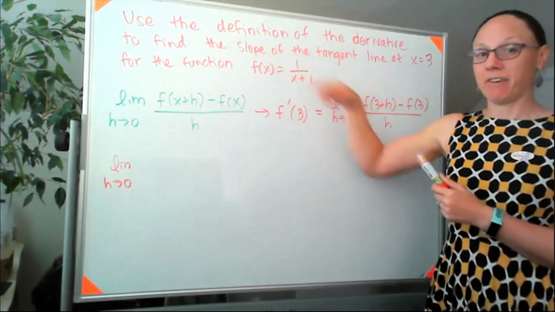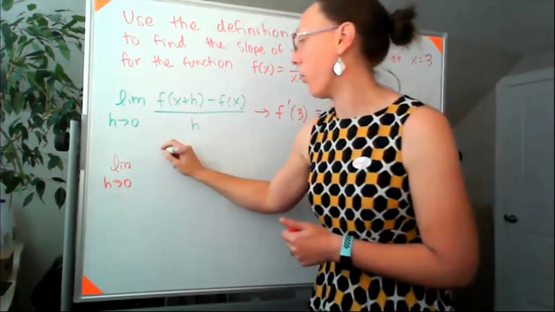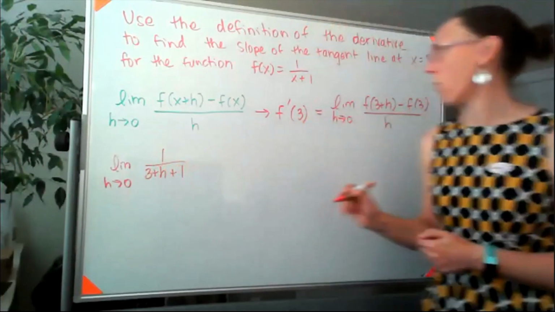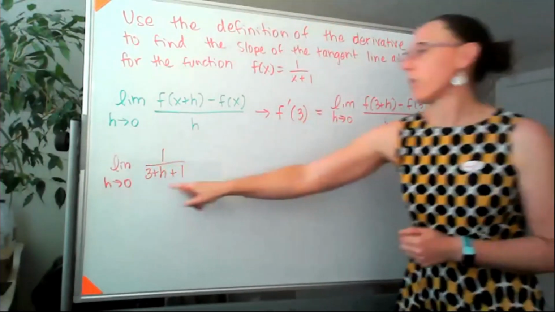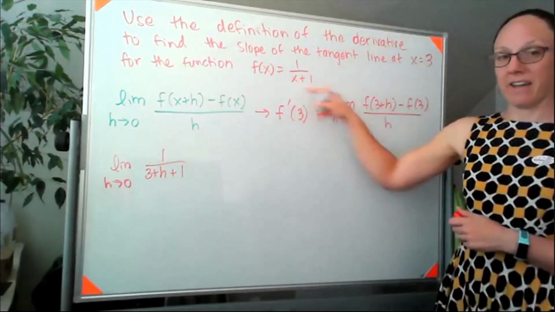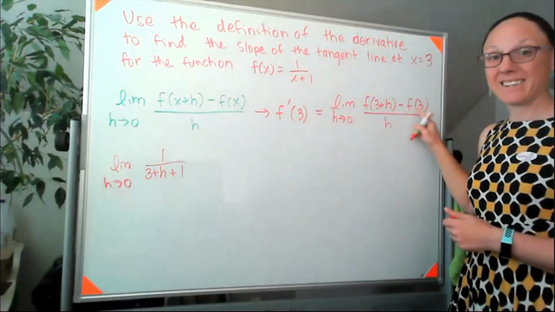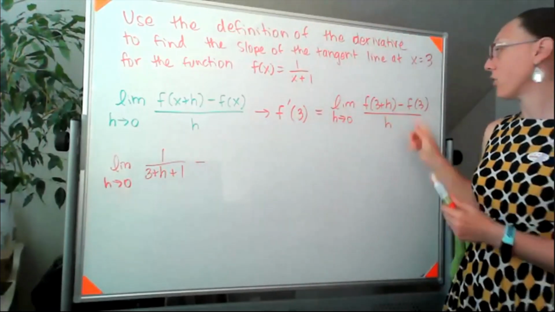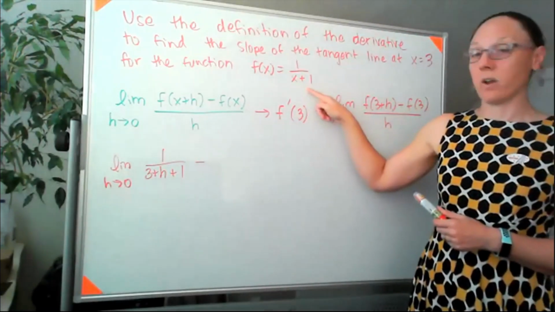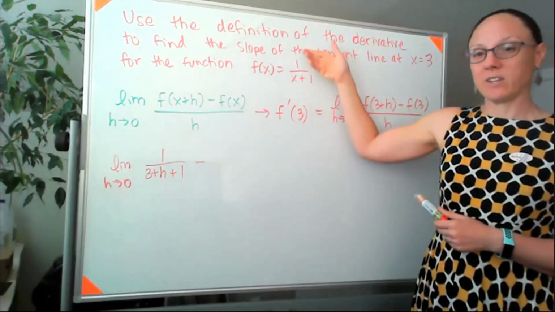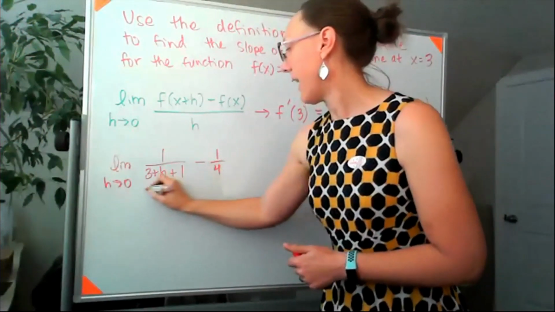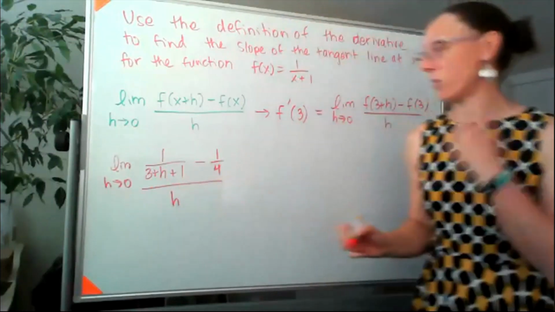So this f of x term is going to become 1 over 3 plus h plus 1, where the 3 plus h is playing the role of x at the moment. Minus f of 3. Well, f of 3, if I plug in 3 for x, 3 plus 1, I get 4. So f of 3 is 1/4. And then that whole thing is over h.